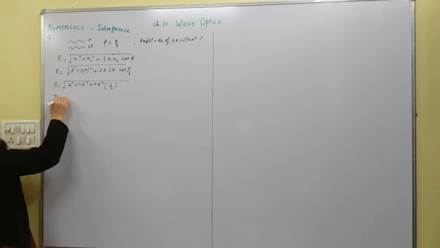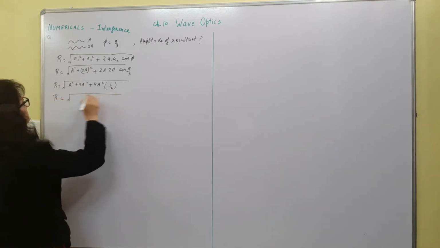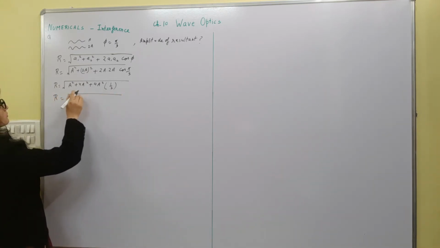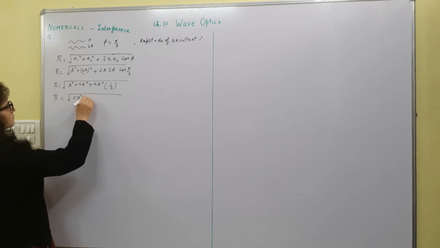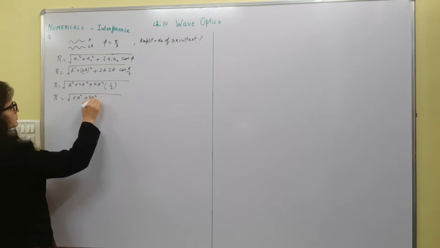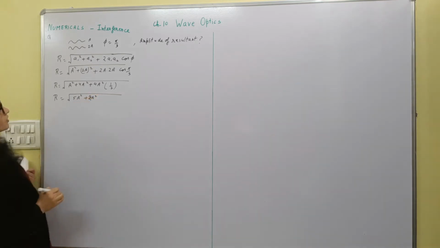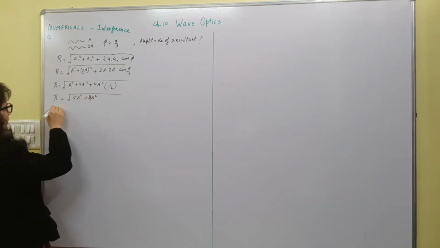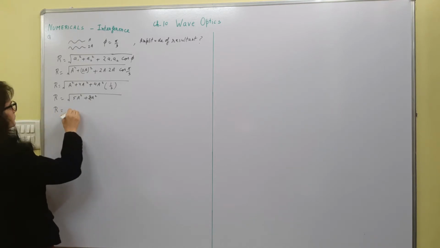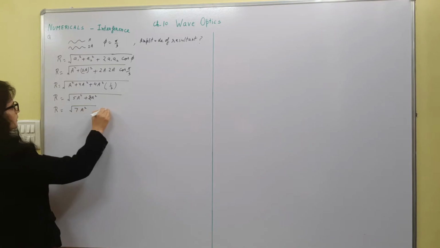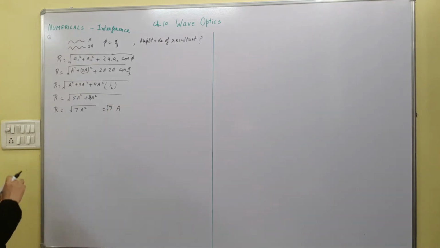So R is, this is 5a square plus 2a square, and this gives us 7a square, and this gives us root 7 into a. Right. Let's take the next question.